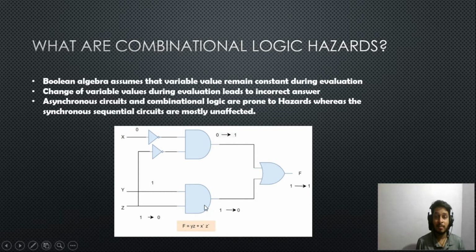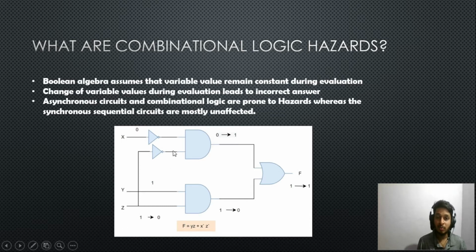Let's imagine a scenario where the inputs X, Y, Z are 0, 1, 1 initially. When the input is 0, 1, 1, you can see that there is an inverter here and 1 comes here, as 0 will be inverted and 1 comes here. And Z is also 1.